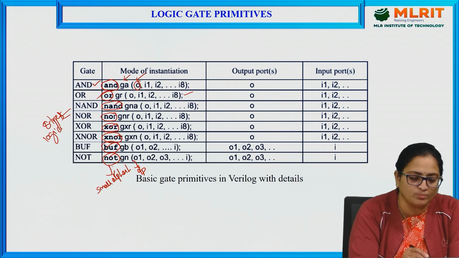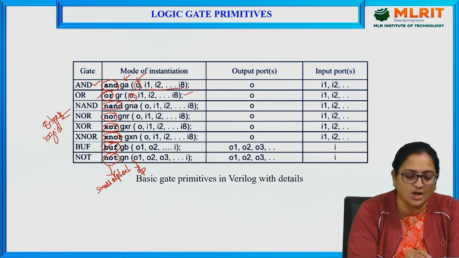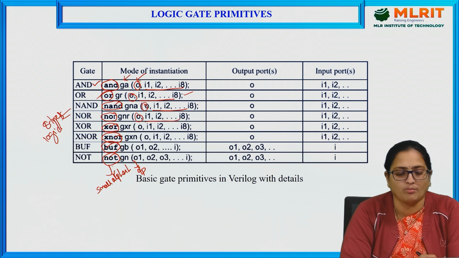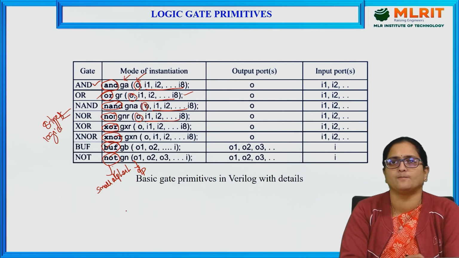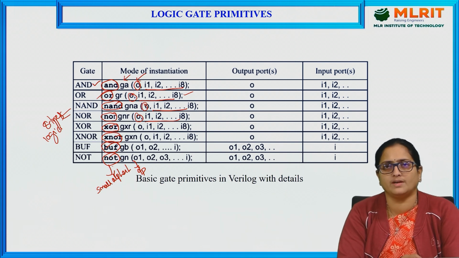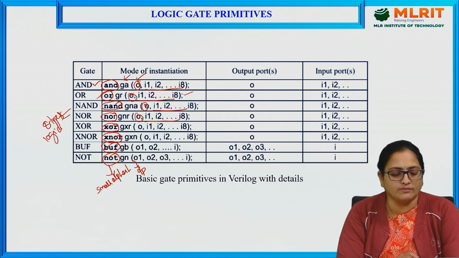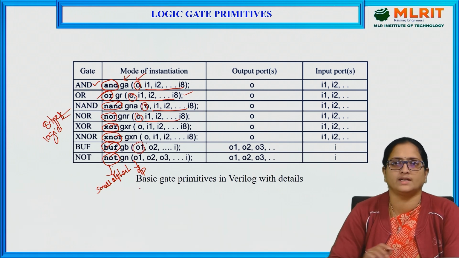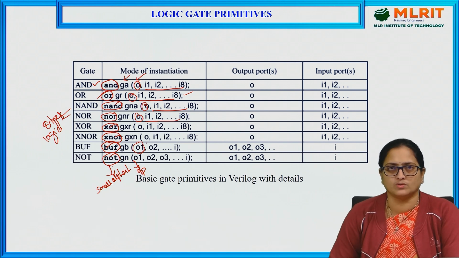See, this is output followed with the inputs. So this is what we need to remember. All the primitives used in the Verilog code should be used with small alphabets, and when you are calling these primitives, it is compulsory to call the output ports first, later followed with the input ports.